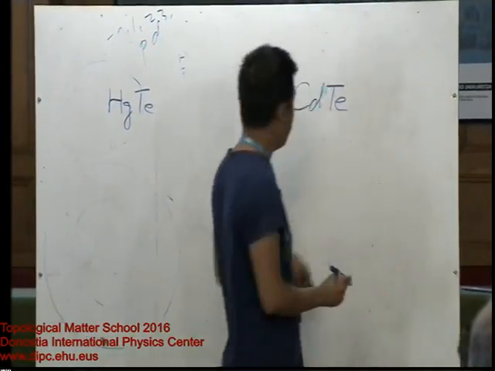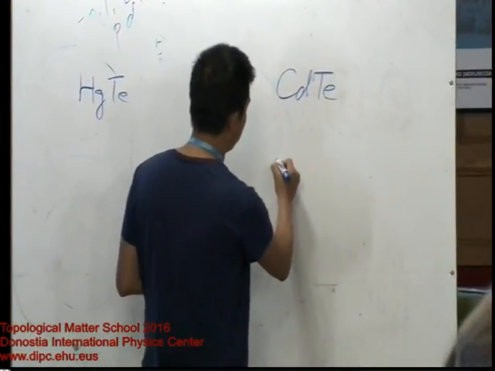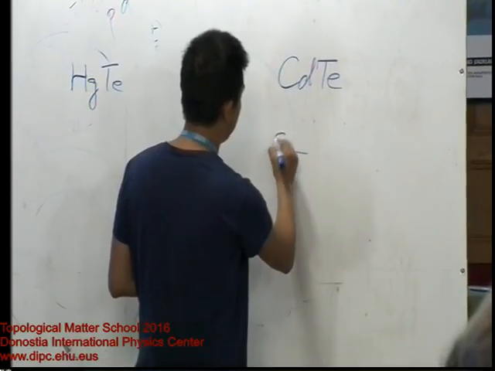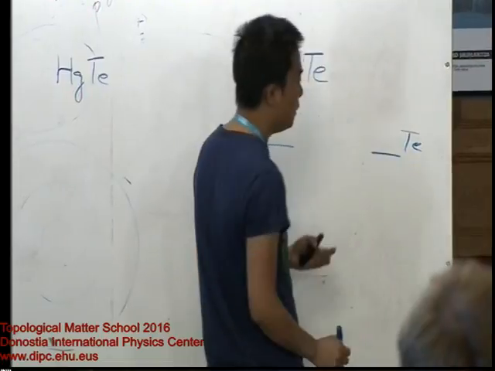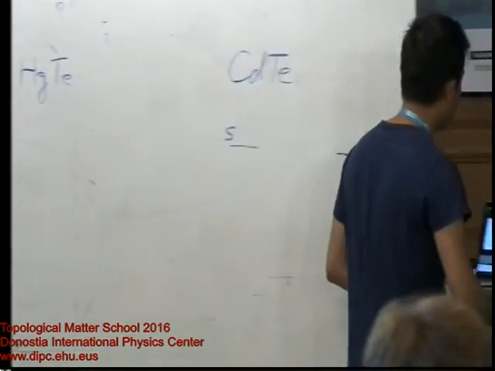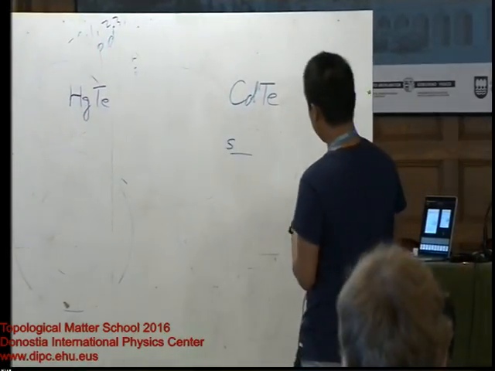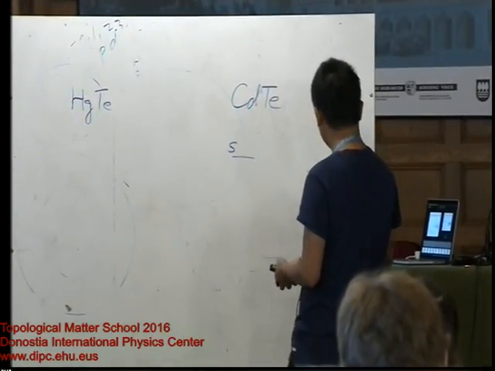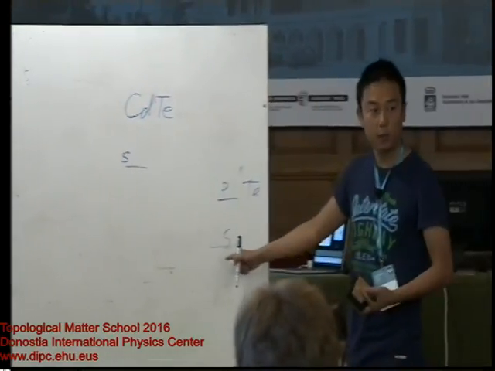Cadmium has 2 s electrons, some s orbital. This is cadmium s. This is tellurium p and s. This is the atomic orbital.